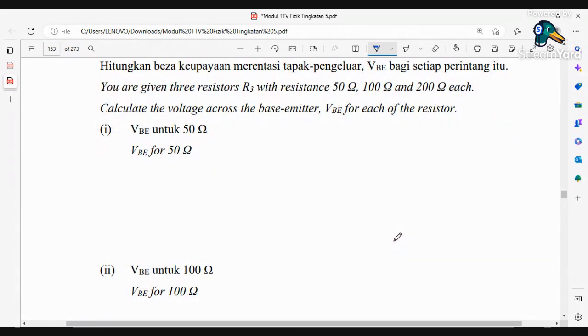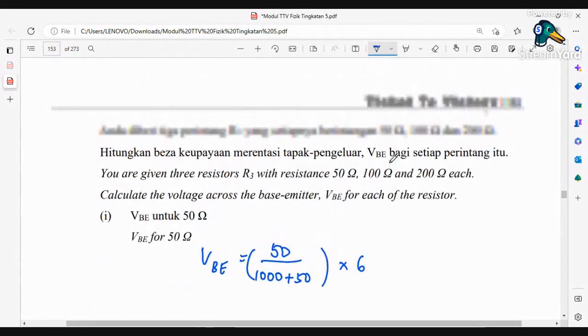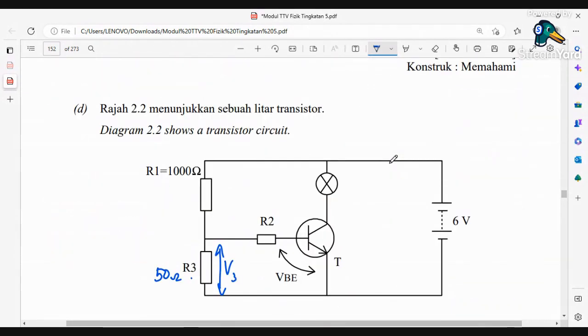So you want to calculate for that one. So we get VBE. Use the formula for the potential divider. Means 50 over 1000 plus 50, multiply 6. Means finding V3, so R1, R2, R3.